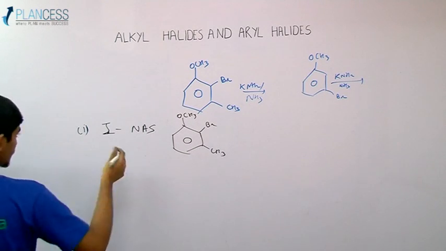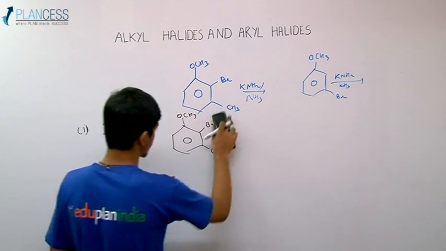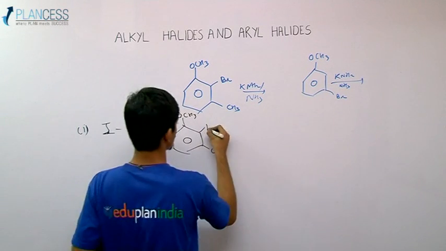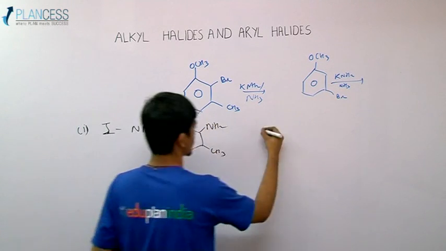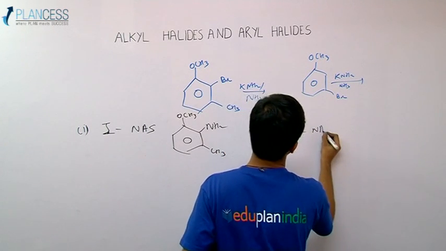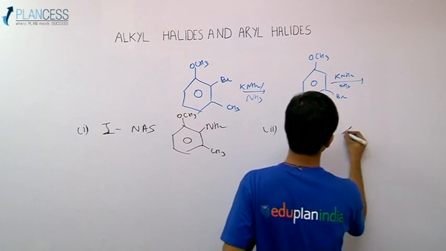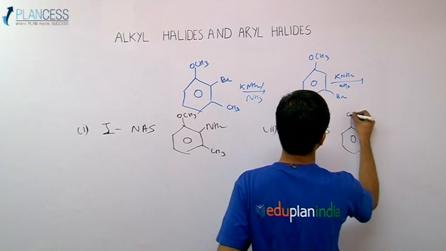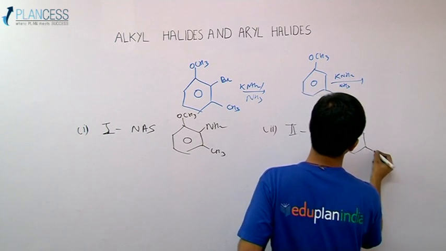Sorry, I have written the same compound. The product has NH2 over here. The second option is that the second compound shows nucleophilic aromatic substitution and gives OCH3 and NH2.